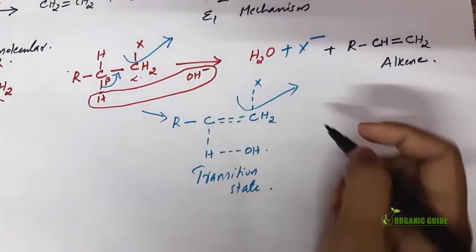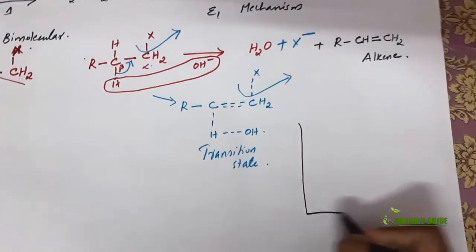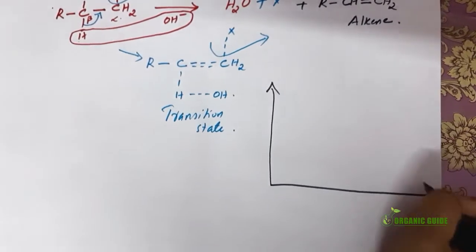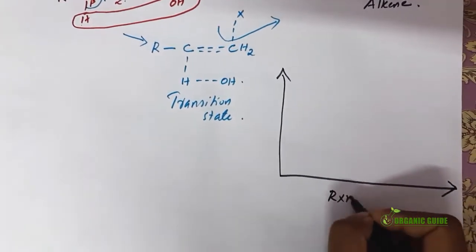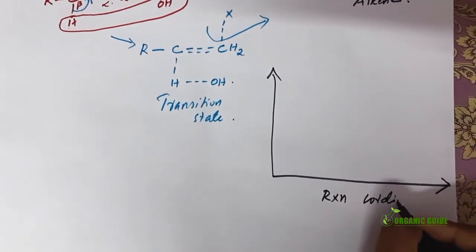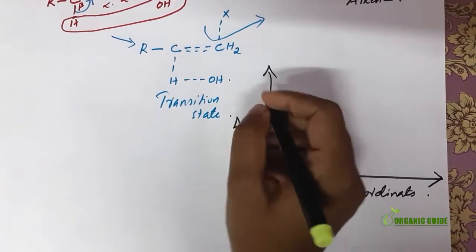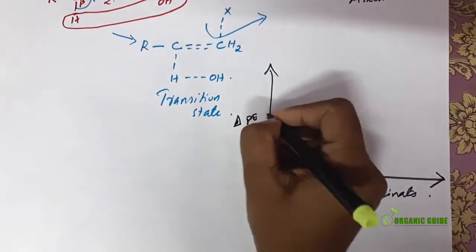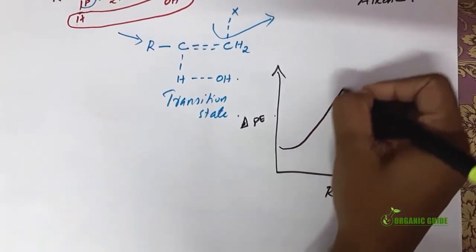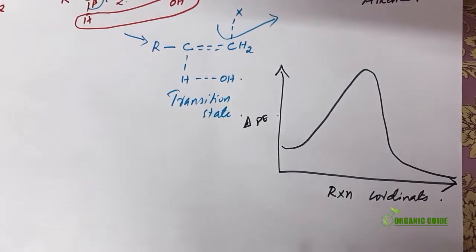Okay, and the energy profile diagram of this E2 reaction is similar to that of SN2 and SN1 reactions. This is the reaction coordinate, and this is the potential energy. And we will get a peak like this.